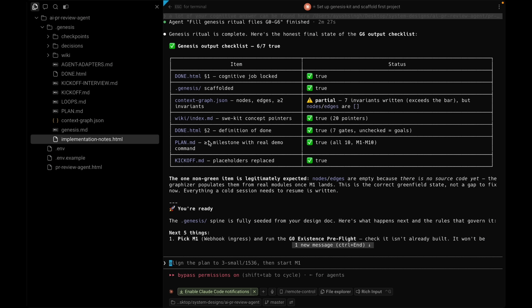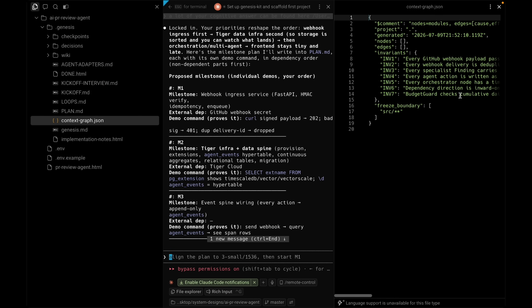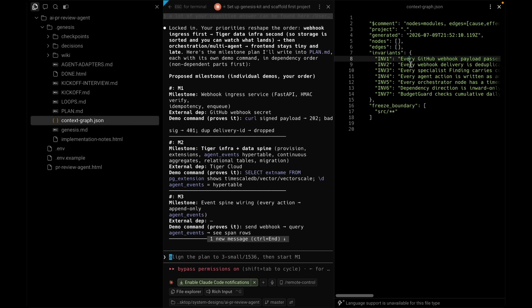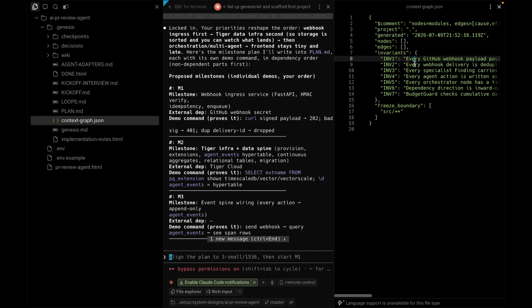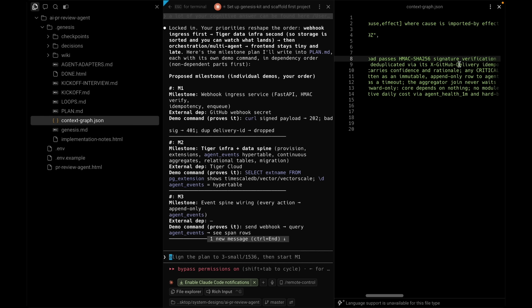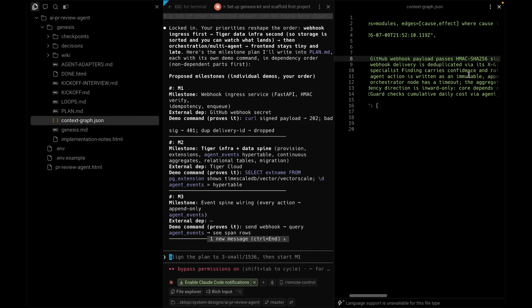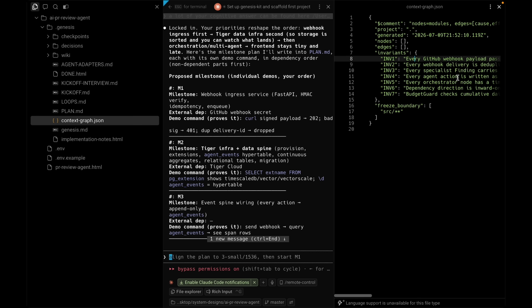Then it has this context graph. Let's say that you have one code, which is, what are your invariants? The invariants can be: every GitHub webhook payload passes through a signature check, every webhook delivery is deduplicated via its own delivery idempotency key, every specialist finding carries confidence and rationale. These are the invariants, which are my business decisions, my rules, non-negotiables.